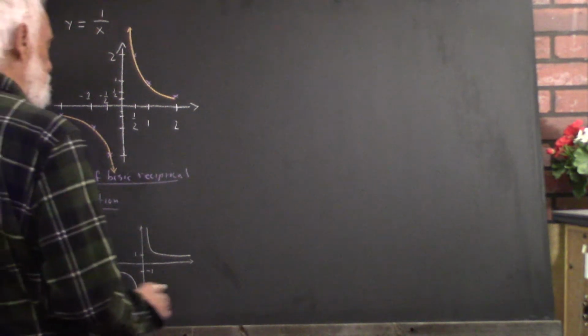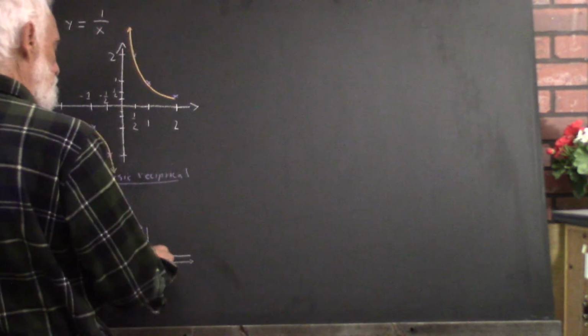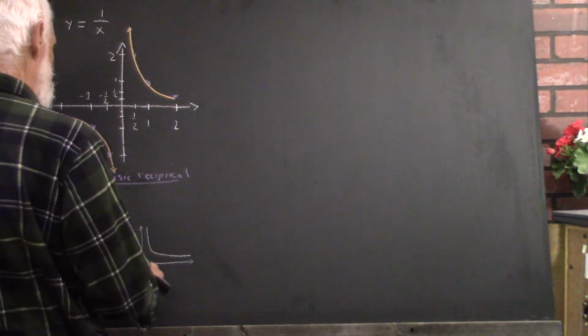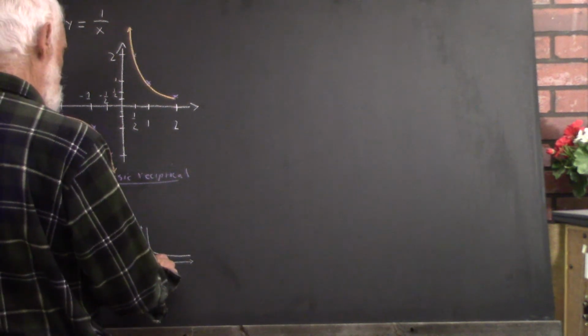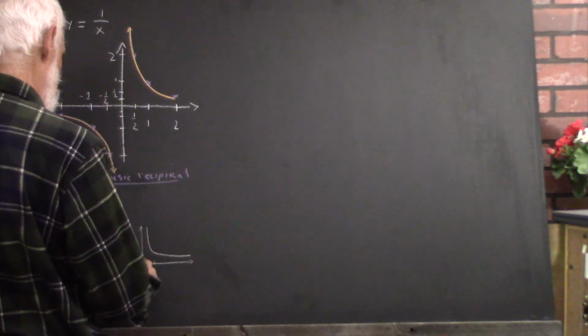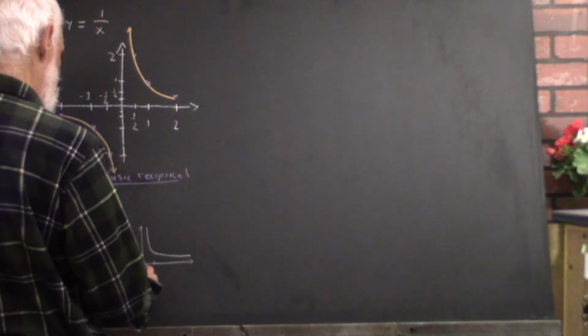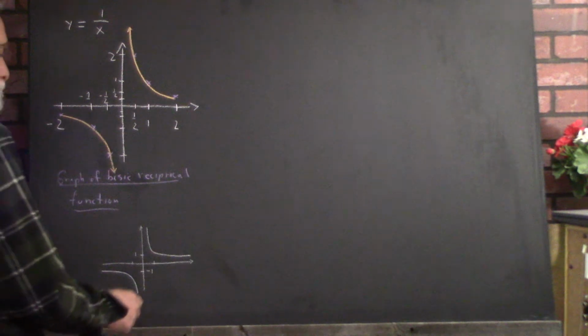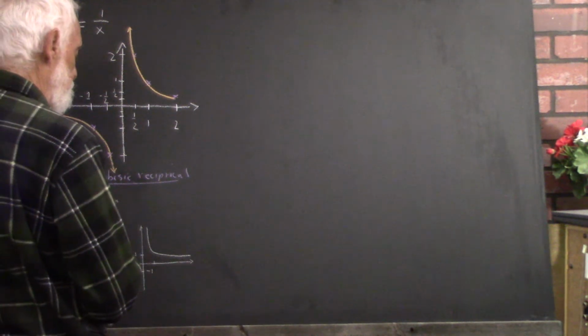That's not correct. And another thing is that if you extend the graph out here, well, 1, 1 would be, say, about here, and -1, -1. Okay, well, that's not quite right, but you get the idea.